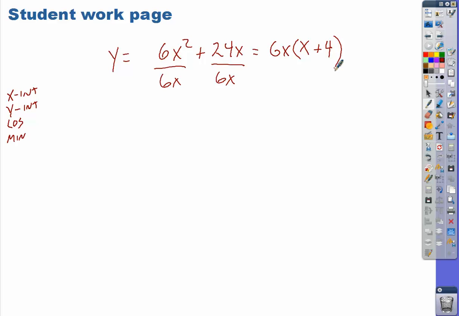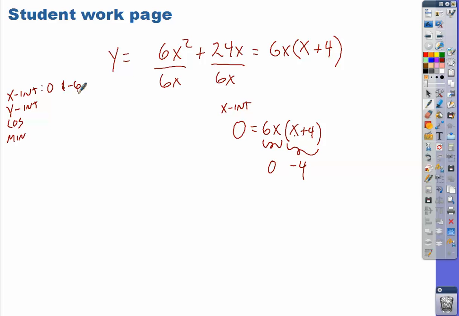So for the x-intercept, 0 is equal to 6x times x plus 4. What's going to make this binomial 0? Well, something plus 4 is 0. Well, negative 4, of course. Then 6 times something has to equal 0, therefore it just has to be 0. So we have 0 and negative 4.